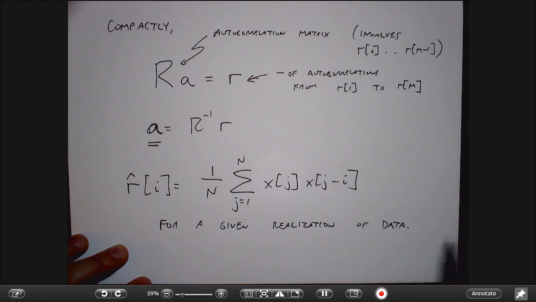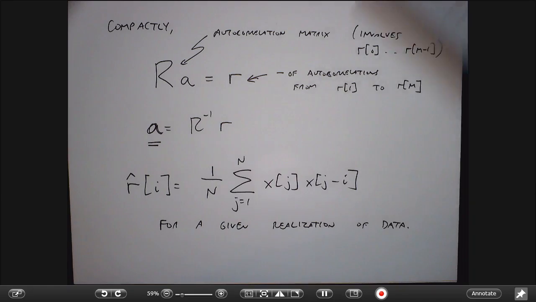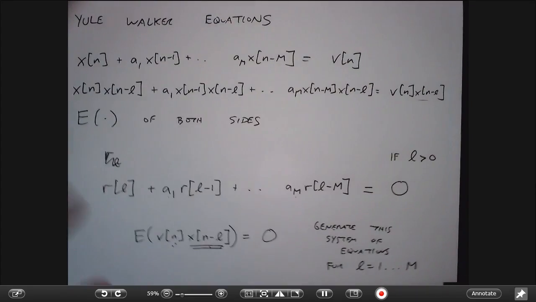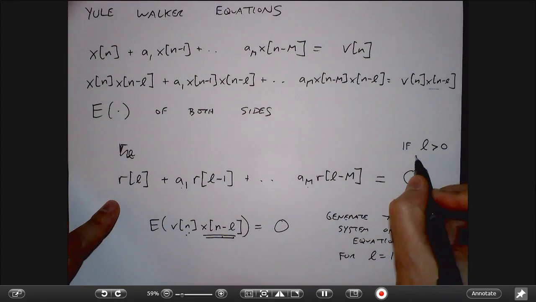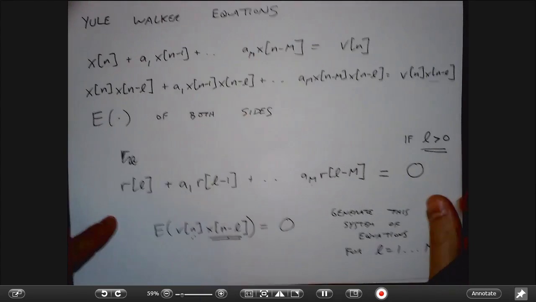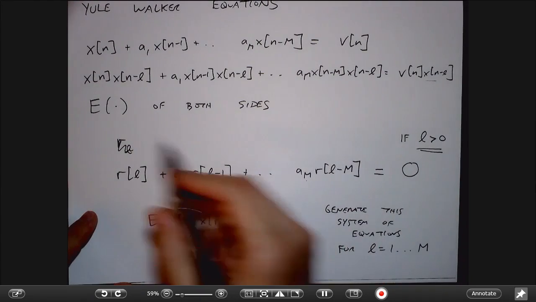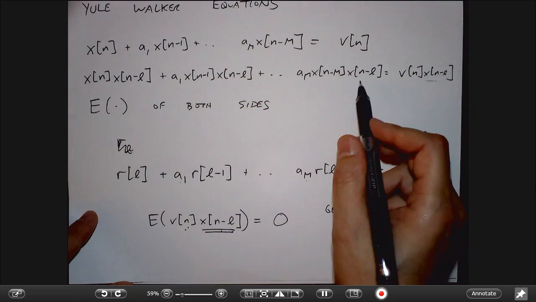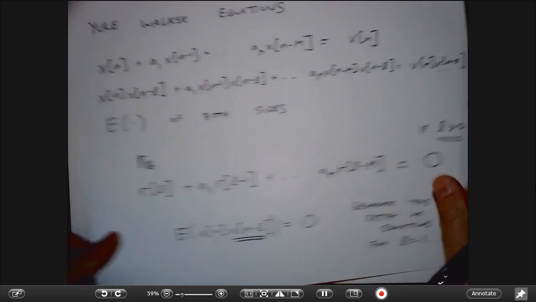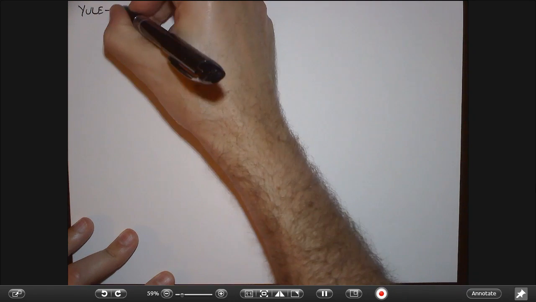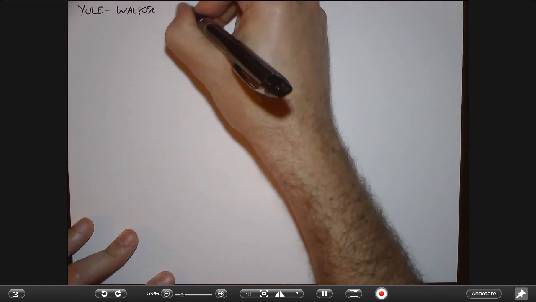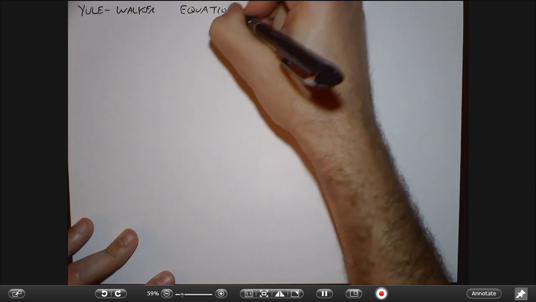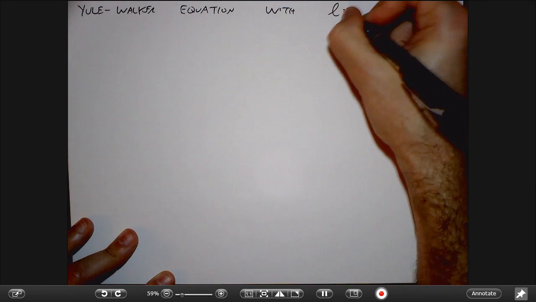There's still one more thing to estimate, which is the variance of the noise that drives the process. And so let's return to my equations here. Here I made a point of saying that L was positive. What if L is equal to 0? If L is equal to 0, then the left-hand side stays the same, but now I've got something else. So let's go back to the Yule-Walker equation with L equals 0.